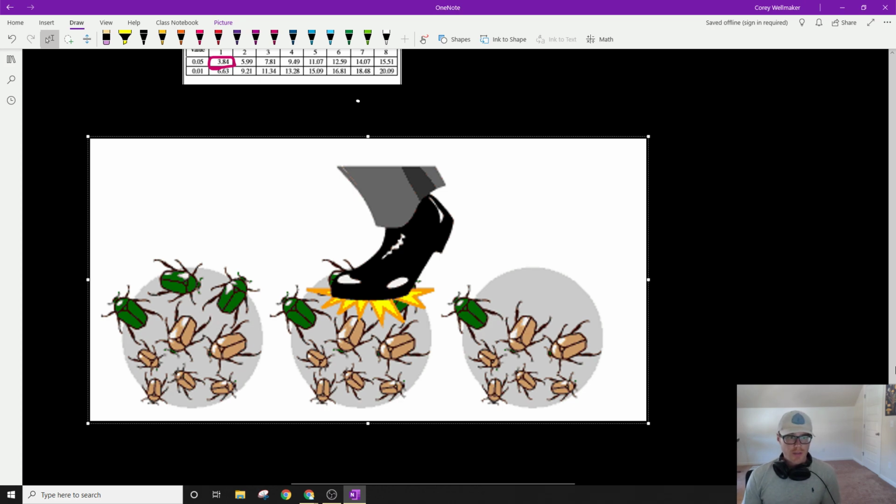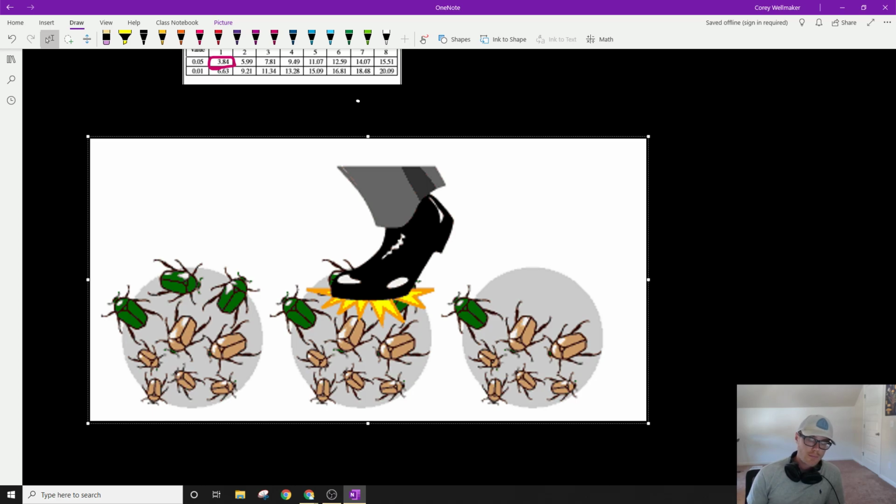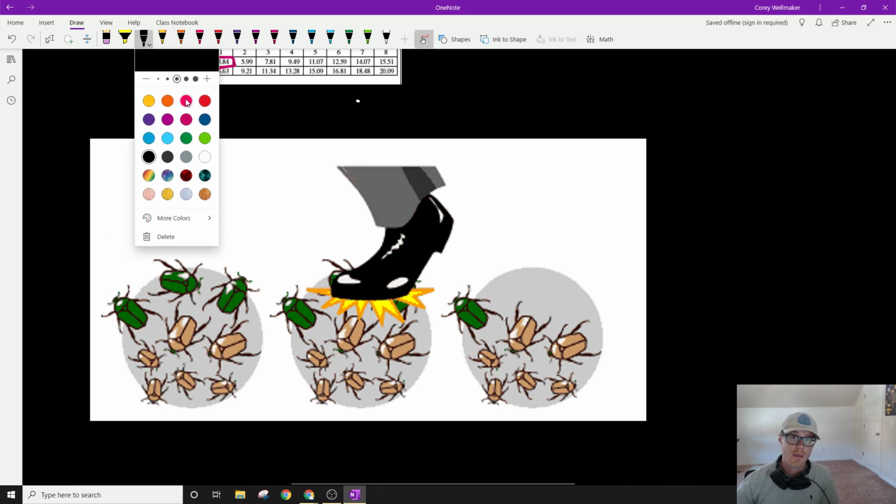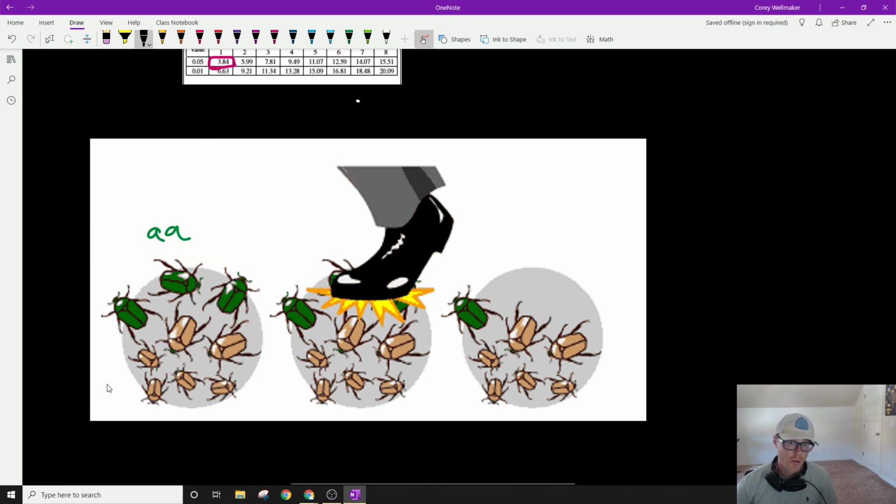Let's imagine you've got a population of beetles, and the green coloration is due to a homozygous recessive genotype. If you've got that brown coloration, you're either going to be big A, big A, or big A, little a. But as long as you have that dominant allele, you've got the brown coloration.